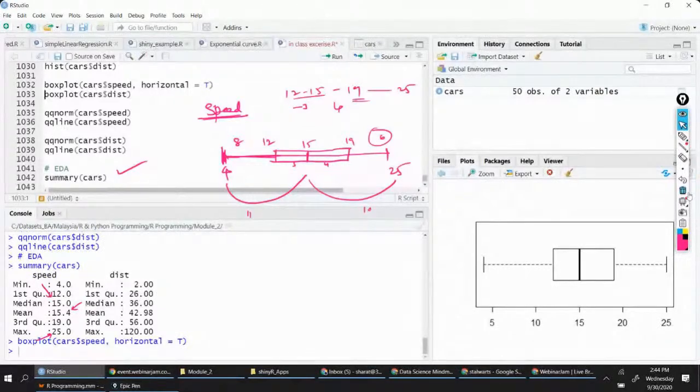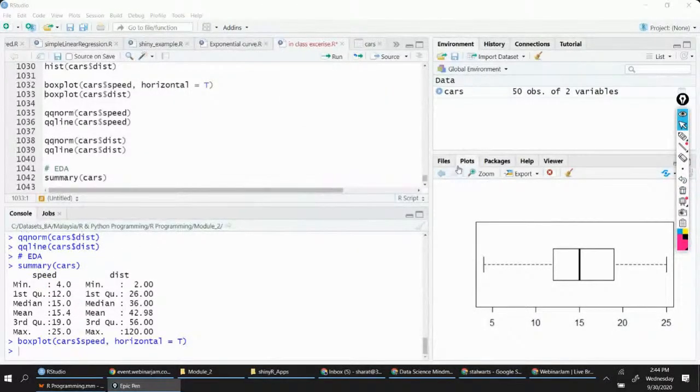Similarly, let us now interpret distance. I'll draw a line, you can extend that later. I'll draw median first. This is 36. Median to minimum, how much is that? 34. What about median to max? 36 to 120, a very huge difference. 96, right?